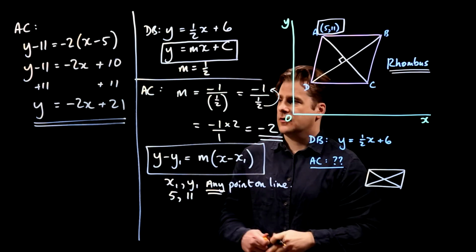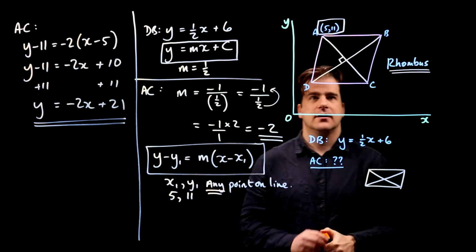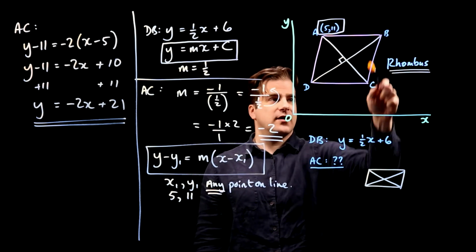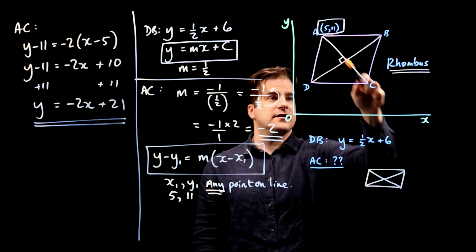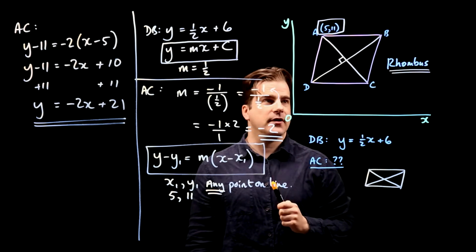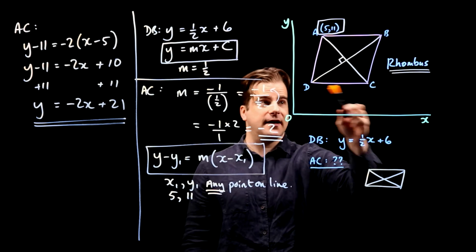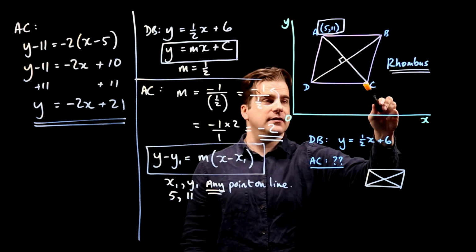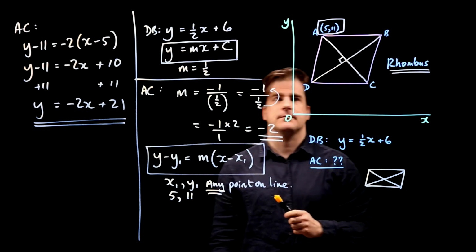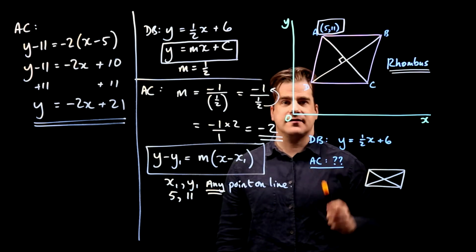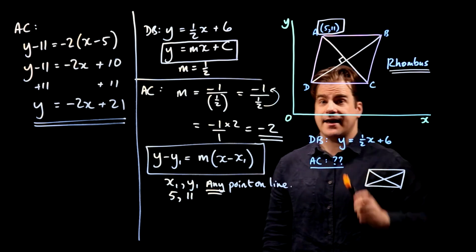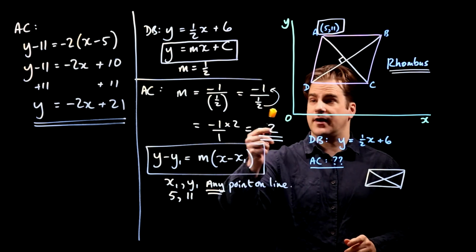Okay, good. Right, things to take from this question. Firstly, in a rhombus, all four sides are the same length and the diagonals cross at right angles. That's only true of a rhombus, not of a parallelogram. All four sides have to be the same length for the diagonals to cross at right angles. When two lines cross at right angles, the gradient of one is the negative inverse of the gradient of the other.